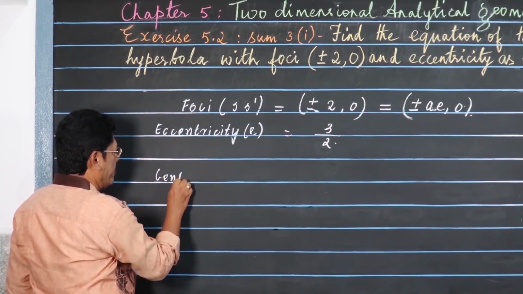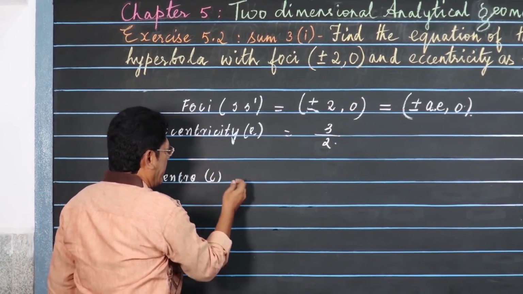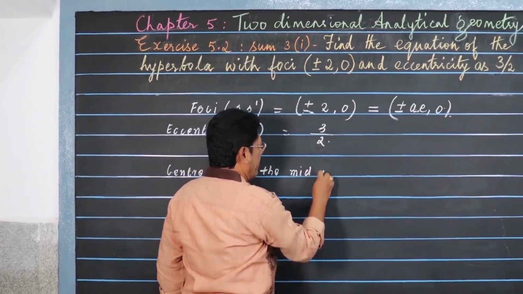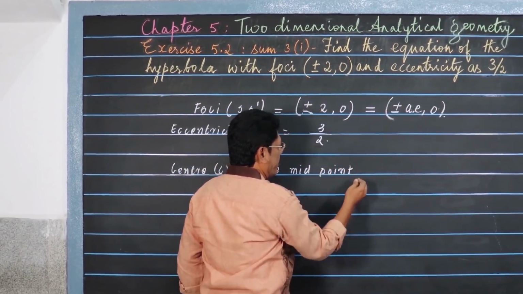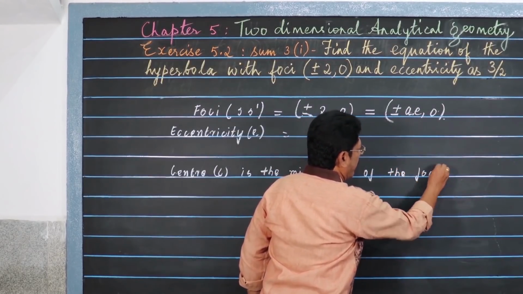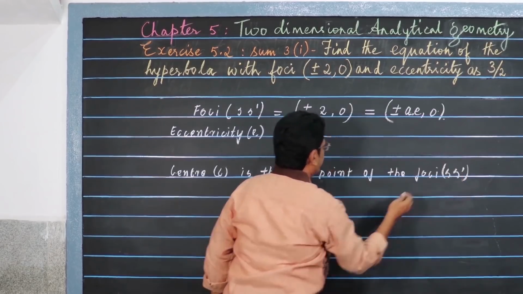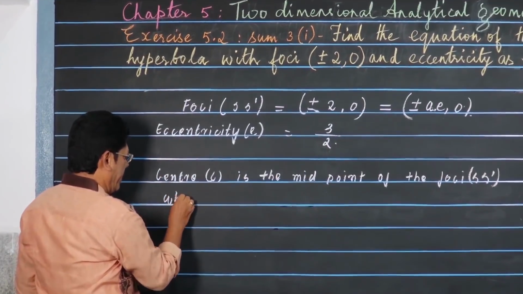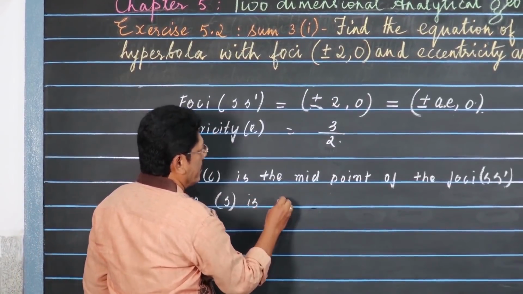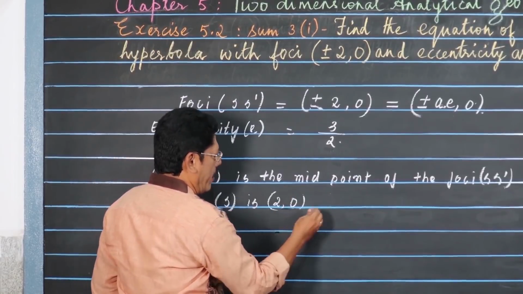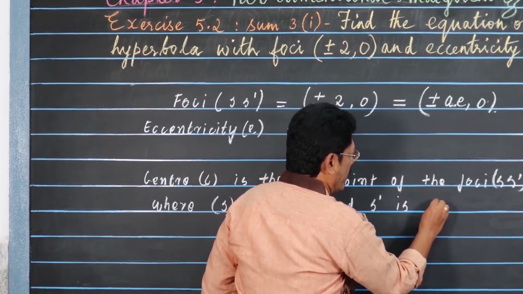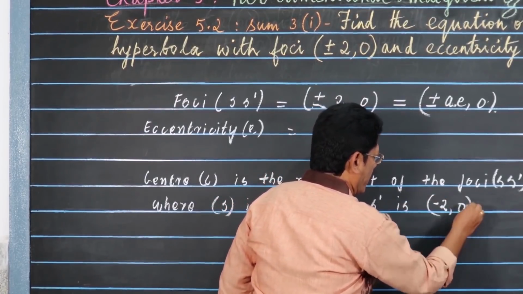Center C is the midpoint of the foci, where S is 2, 0 and S dash is minus 2, 0.